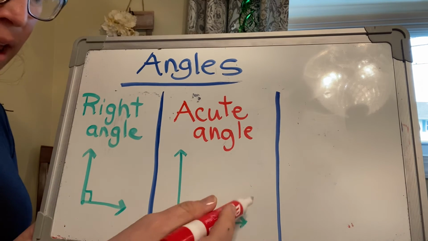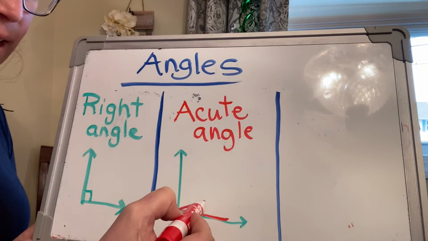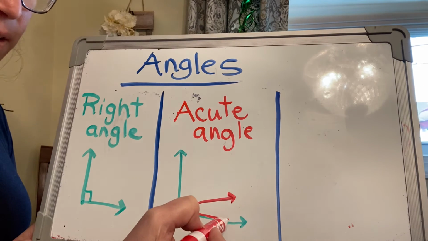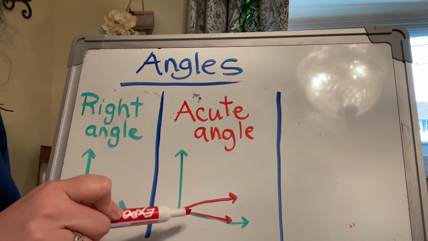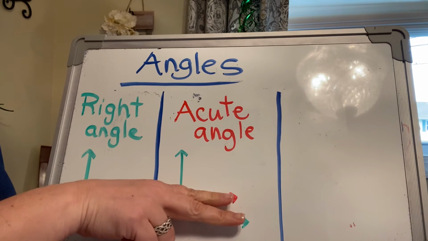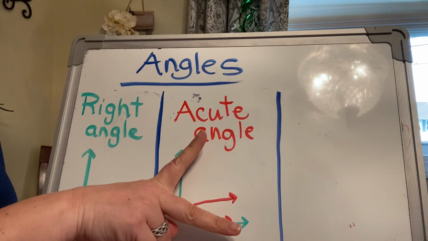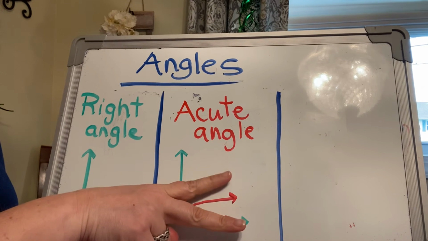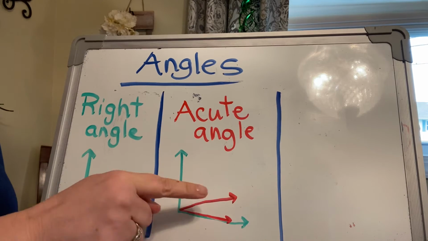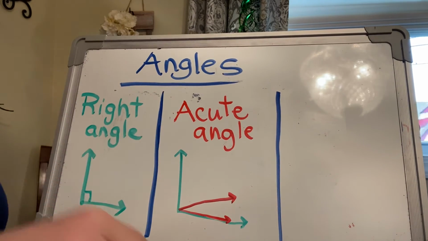And an acute angle would actually fit inside that right angle. Now, this isn't the only type of acute angle. It could be any angle that opens up to almost a right angle. Okay, so any angle that fits inside of a right angle is called an acute angle.